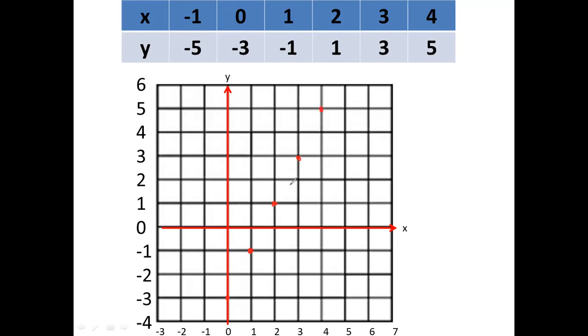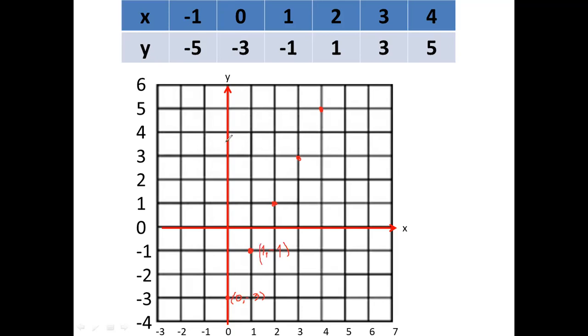All right, so this is now the figure of our graph. This is what our graph looks like. So 0, -3. All right, and the next, we have 1 and -1.